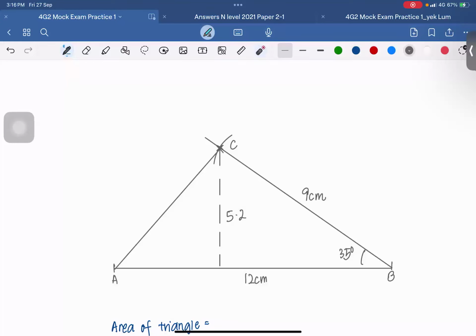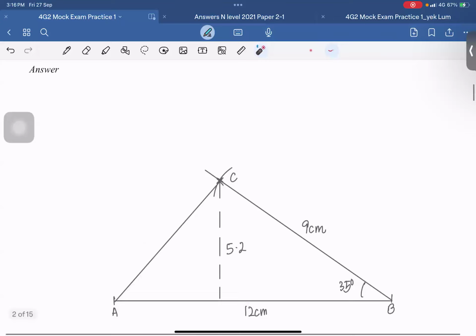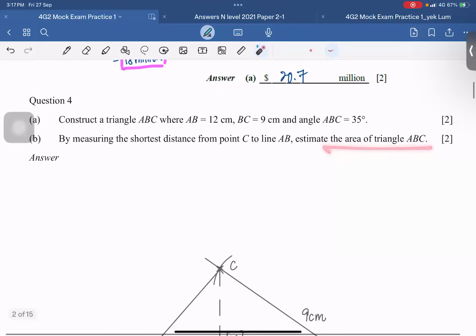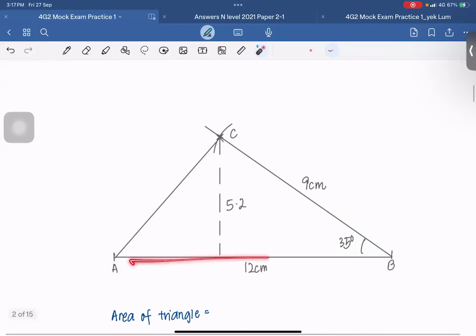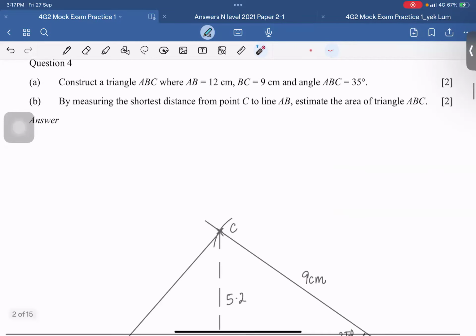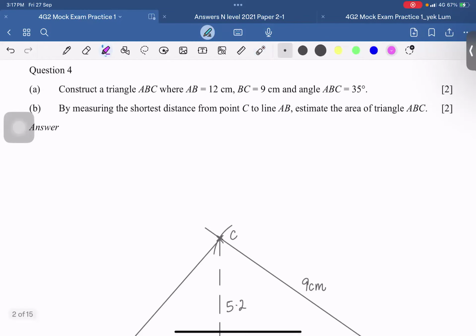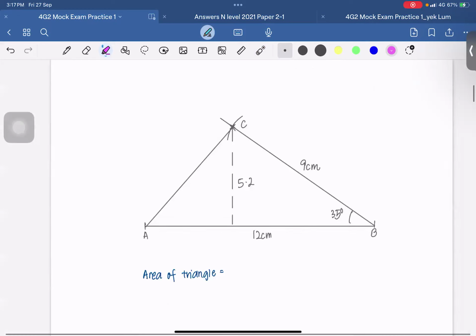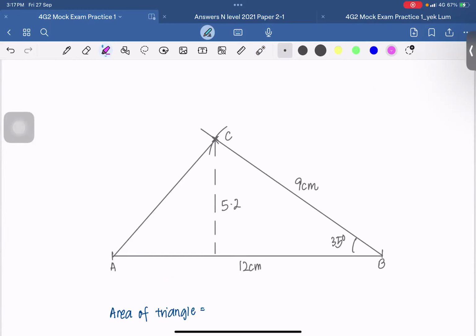Now, of course, the majority of you managed to find the area of the triangle using half AB sine C. That is only if the question did not ask for a specific method. But now the question did ask for a specific method. They want you to measure the shortest distance from point C to line AB. Point C here, cut through directly to line AB at 90 degrees.